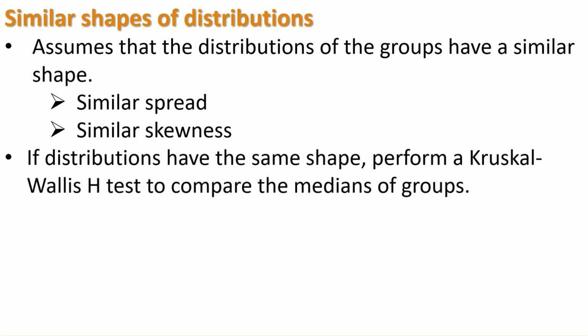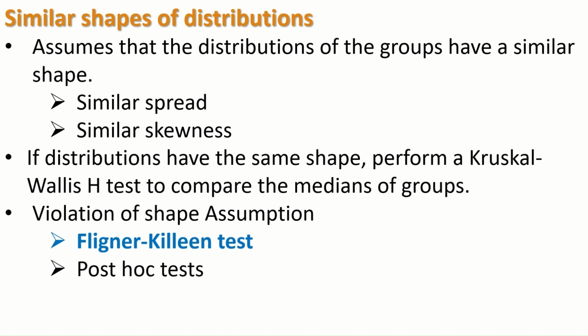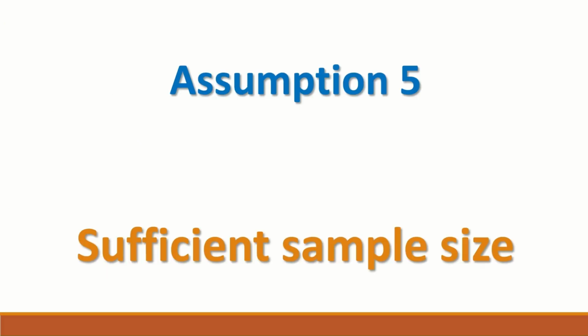So if the distributions have the same shape, perform the Kruskal-Wallis test to compare the medians of groups. If the shape assumption is violated, then use an alternative test, which is the Fligner-Killeen test, and use a post-hoc test.